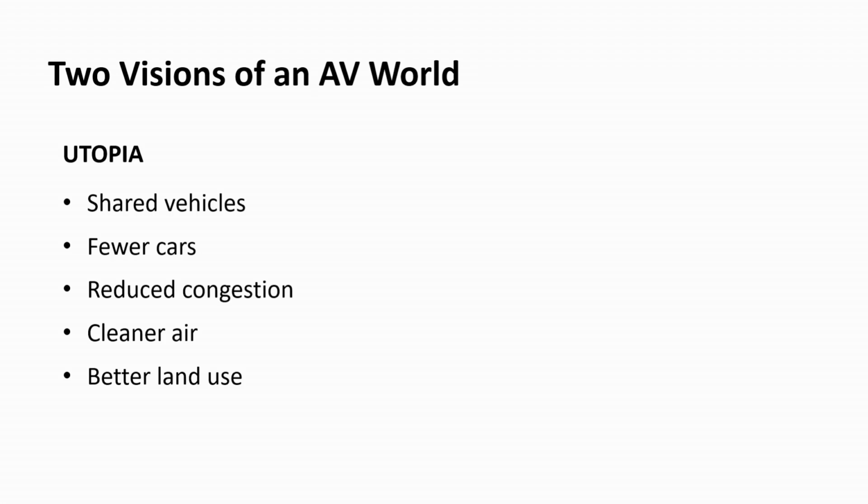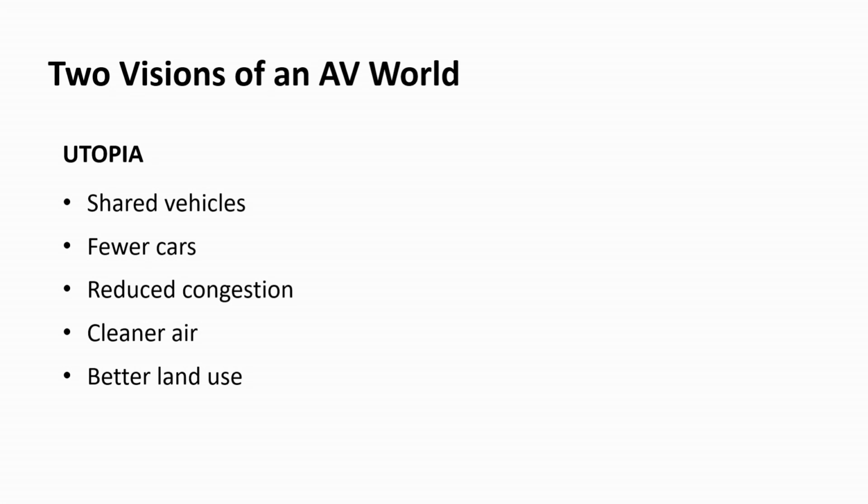So this whole idea of autonomous vehicles in an AV world, and I've been observing this over the last 4 or 5 years, how the conversation has been evolving. Basically, there are 2 visions that have been put out there. The first one I'll call the utopian vision, which is that we're going to have shared vehicles, fewer cars, reduced congestion, cleaner air, and better land use.